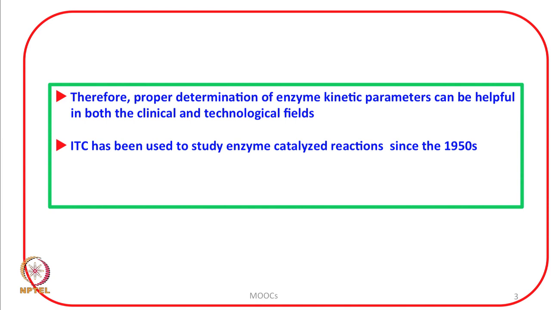ITC has been used to study enzyme-catalyzed reactions since the 1950s. I made a comment here that ITC has been used to study the reactions pertaining to enzymes since the 1950s. Different types of titration calorimeters were available since then, and with time the technological developments have happened to such a large extent that when we talk about isothermal titration calorimetry today, we need only a very small amount of the samples.